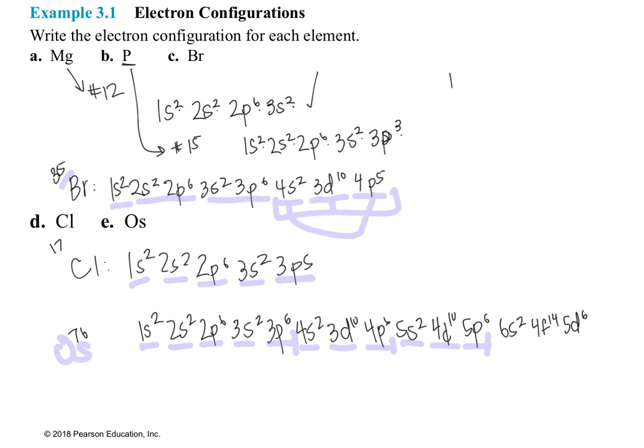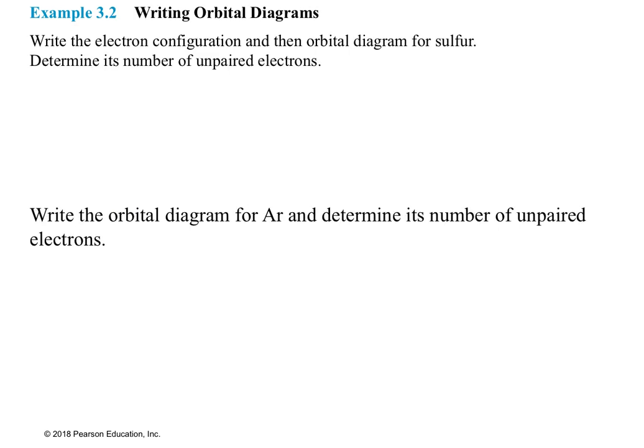Now if you look at your periodic table, you see a little insertion where the f orbital is in there between the s and the d. So we actually have 6s2, then we have 4f14, and then our 5d orbital shows up and we go in 6.